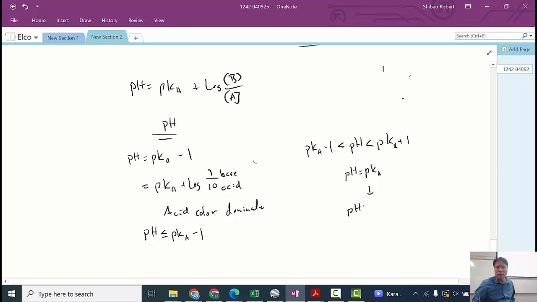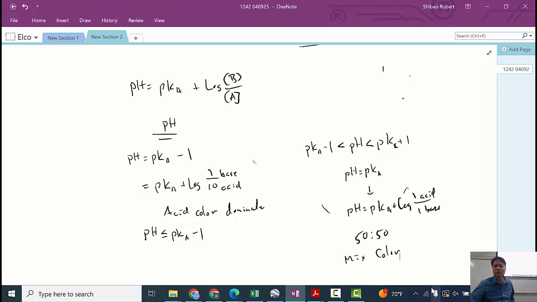So pH is equal to pKa plus the log of 1 part acid to 1 part base. This is a 50-50 mix. As long as we're close to a 50-50 mix, we're going to get a mixed color. For phenolphthalein, the acid color is colorless. The base color is red, and so our 50-50 mix is going to come out pink.